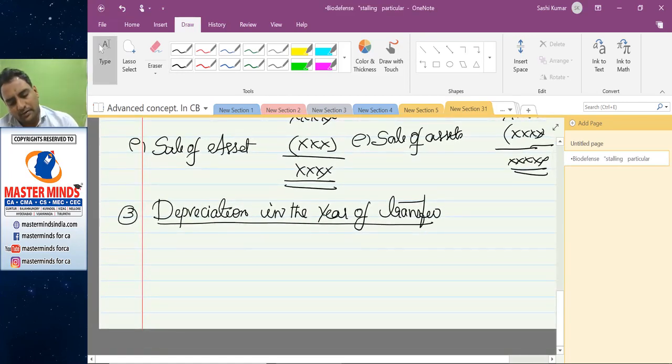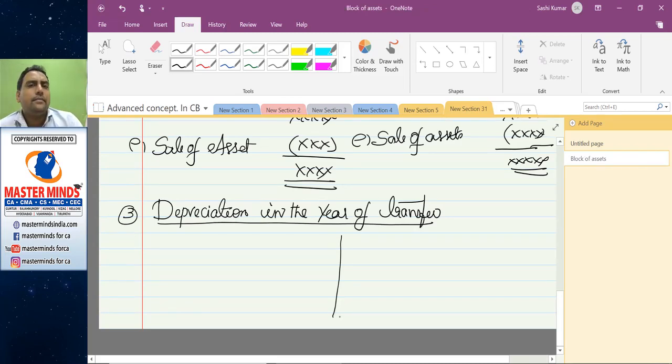The Income Tax Act clearly says that if you want to provide depreciation, there must be some value in the block and there must be some assets in the block. They should have some value. We have only one asset in the block. You are selling that asset. If that asset is sold, the block becomes empty. When the block becomes empty, it is not possible to provide depreciation.